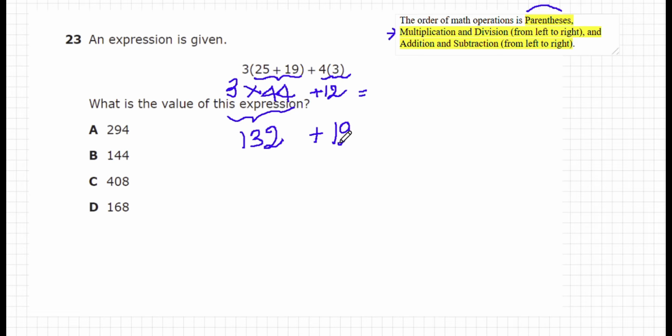The result of this expression is 144. Therefore, B is the correct answer.